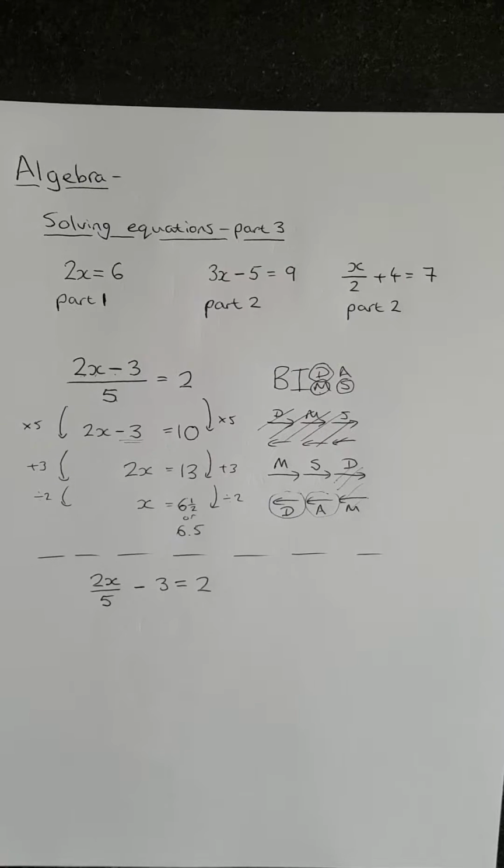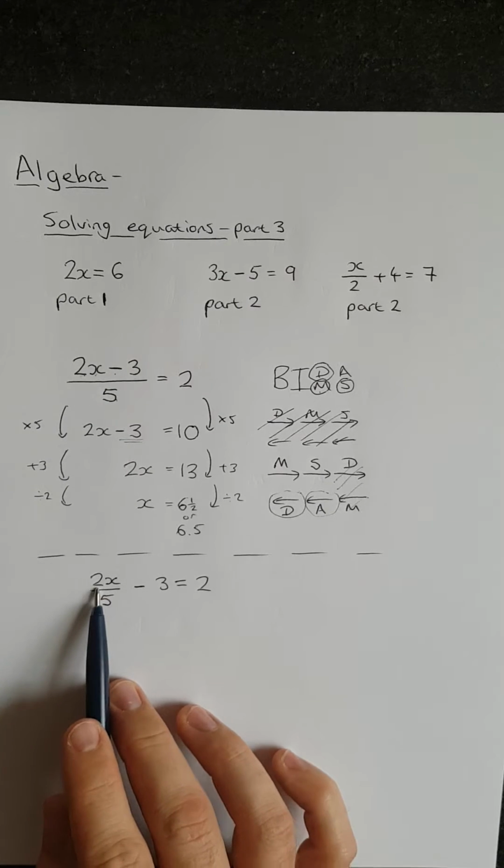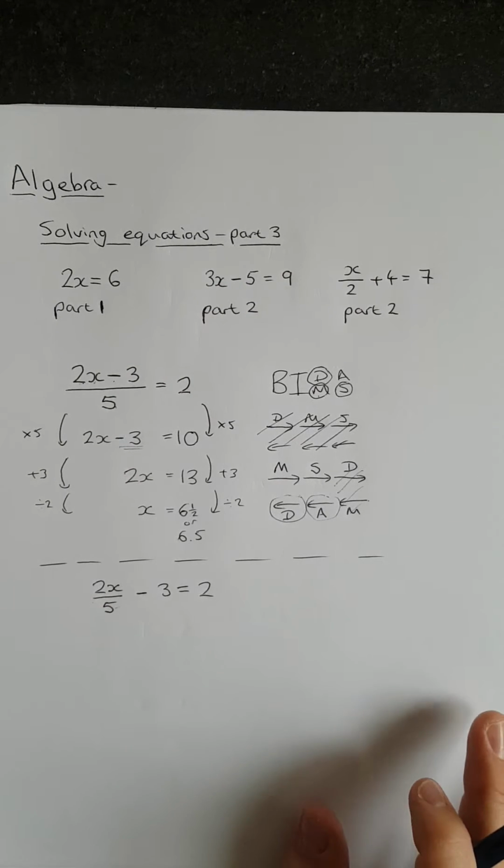I'm sure you can see that this looks a bit similar, but it's definitely different. So, let's look at the order of operations and see if we can work out how it's different. So, is everything divided by 5?